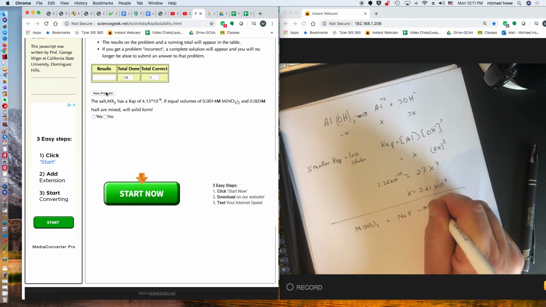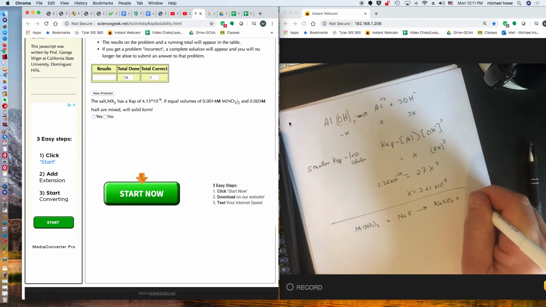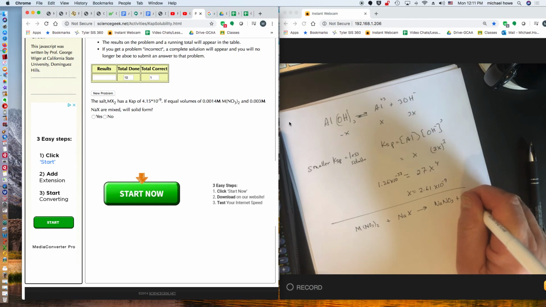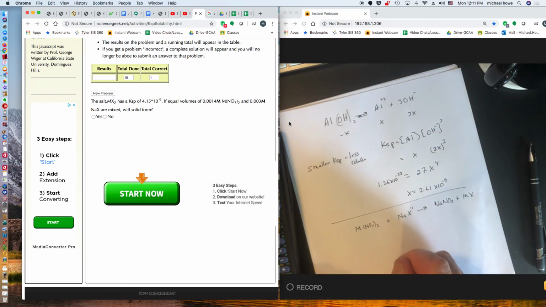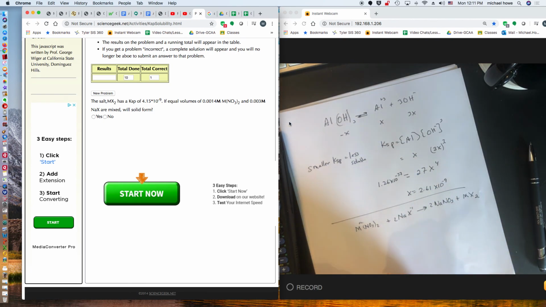And of course, when you mix those together, you're going to get sodium nitrate, and you're going to get M with X. But since X has to have a -1 charge, and M is +2 because nitrate's -1, this has to be MX2, then you balance the equation like that.